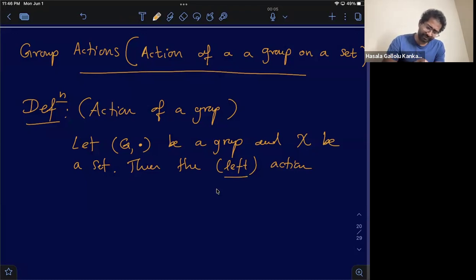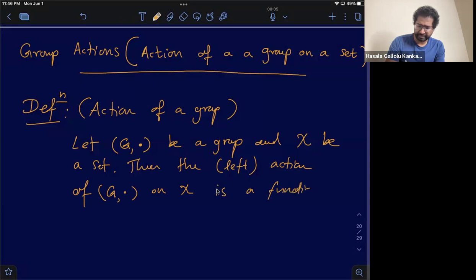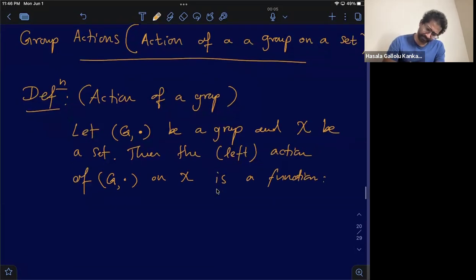So the left action of this group on X is a function alpha from G cross X to X, satisfying these properties.